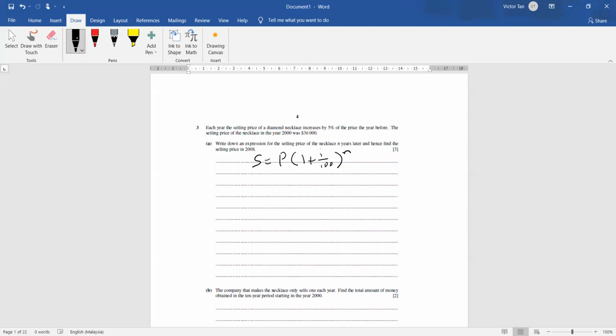GCSE math. So the principal amount is 36,000. 1 plus interest is 5 over 100. So the answer is 36,000 times 1.05 to the power n. And at the year 2008 is 8 years later. So S8 is 36,000 times 1.05 to the power 8.